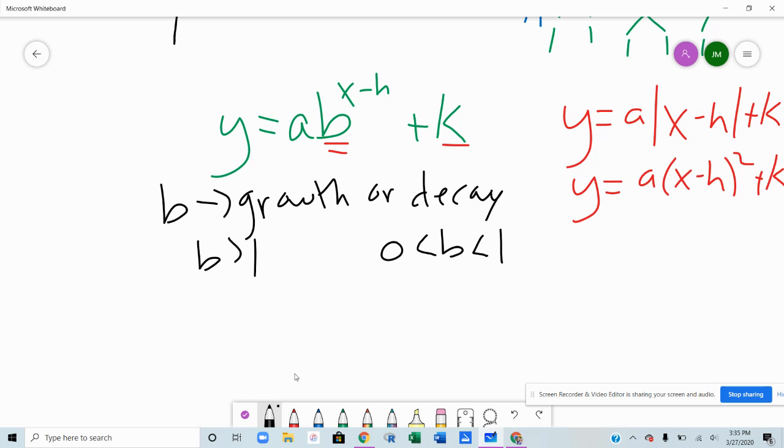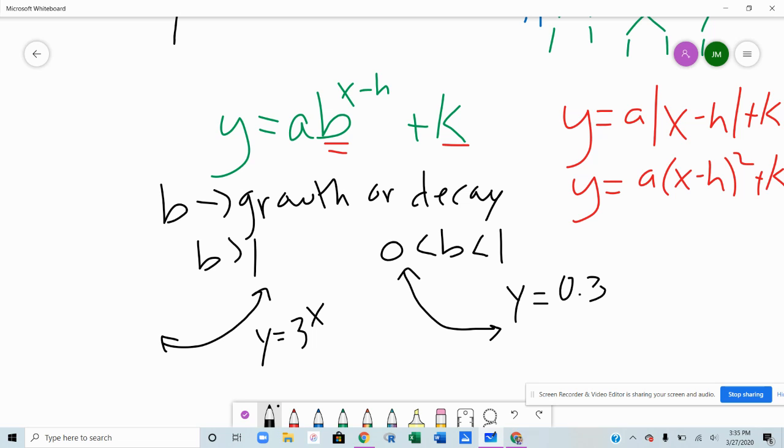So that would tell you what type of graph you have, your growth graph versus your decay graph. So if you have something like y equals 3 to the x, it is growth, and looks like this. If you have something like y equals 0.3 to the x, that is your decay because it's between 0 and 1, and it looks like this.